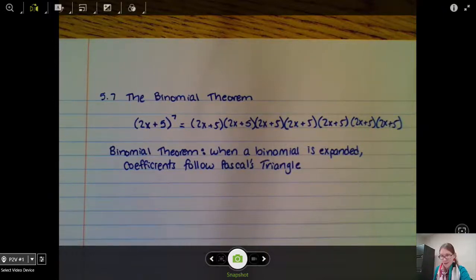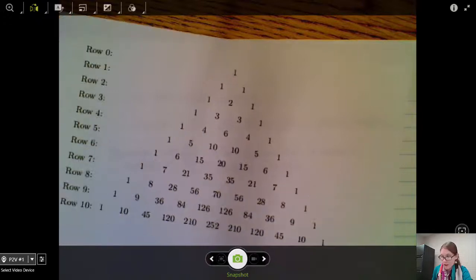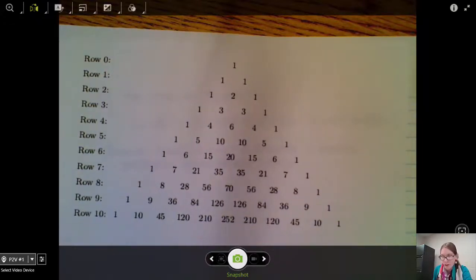And Pascal's triangle, you might have seen this before at some point. This is Pascal's triangle. These are the first 10, or really 11 rows of Pascal's triangle.